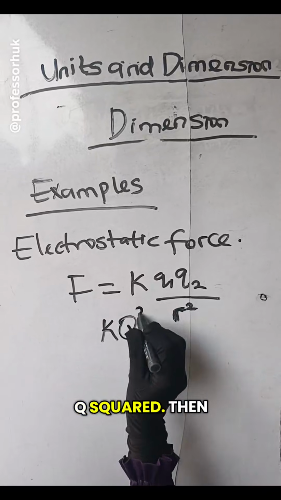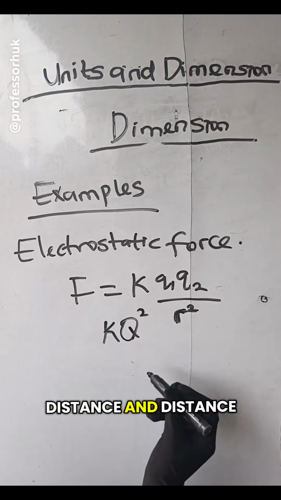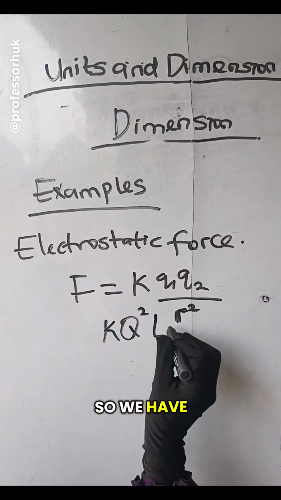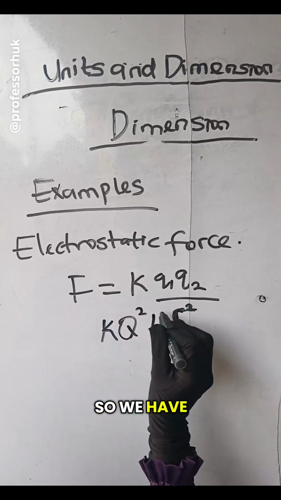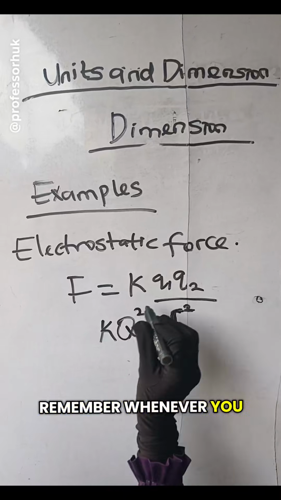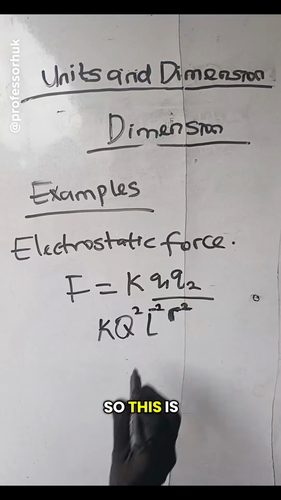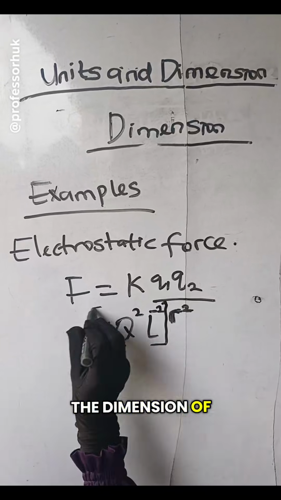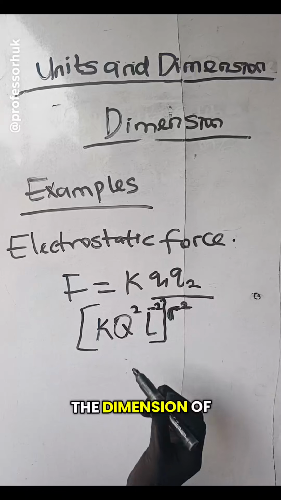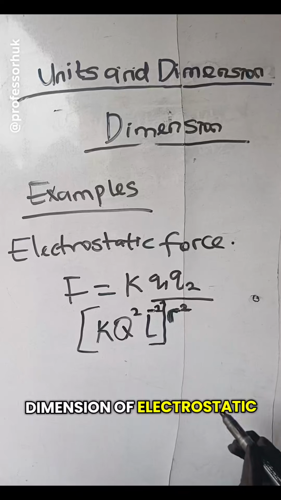So we have Q squared. Then our R is the distance, and distance is the same thing as L. So we have R squared, so we have L squared. Don't forget the division. Whenever you have a division, it turns to minus L squared. So this is the dimension of electrostatic force.